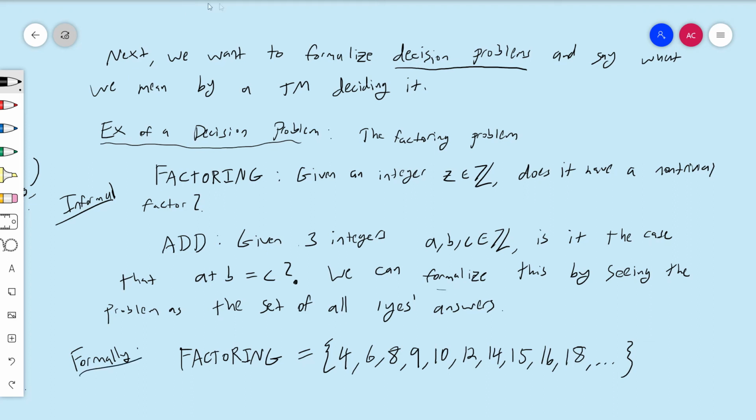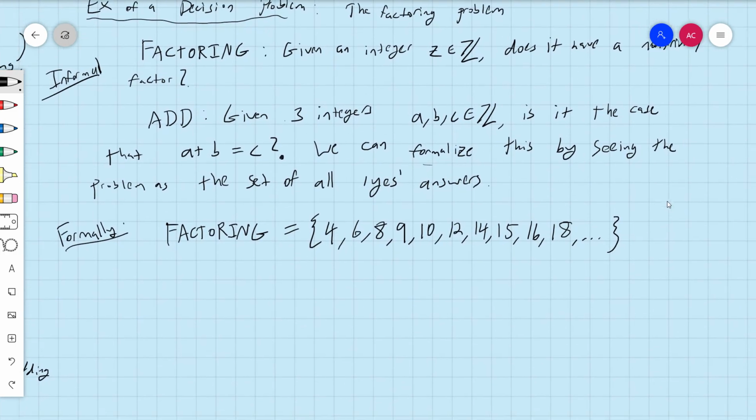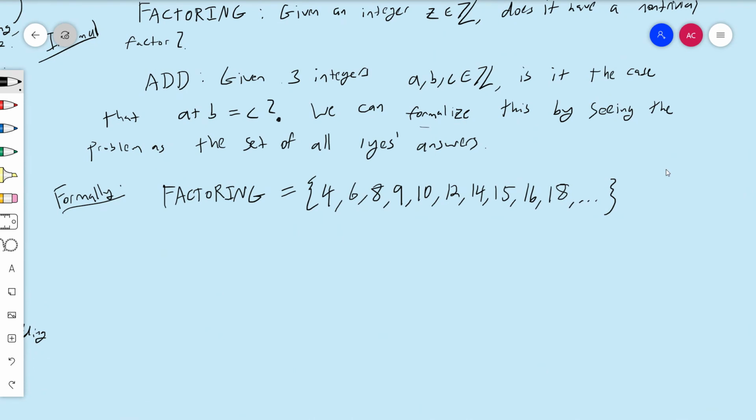But let's talk more generally about formally defining a decision problem. What kinds of objects are decision problems? Again, recall we have a finite alphabet, sigma. It doesn't matter really what it is.